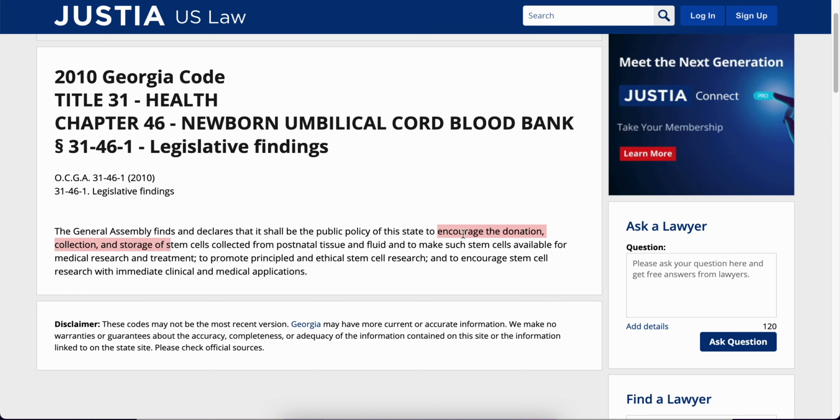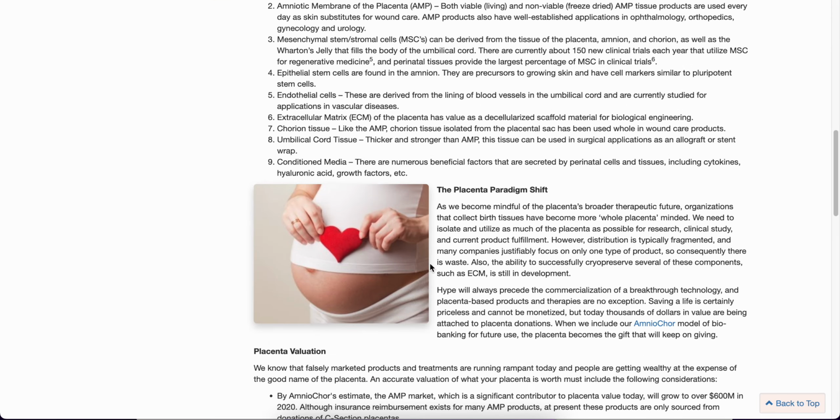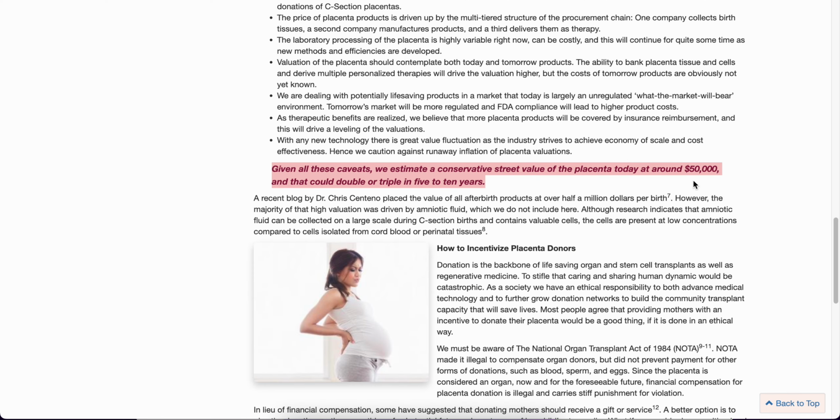This is what this is supposed to be for. They're supposed to be using it for research or whatever. Keep in mind, check out these terms you saw right here. Donation, collection. You already know donation; we talked about that when it came to the other website. Donating the placenta, the estimated conservative street value of a placenta today is $50,000 and could double or triple within 5 or 10 years.